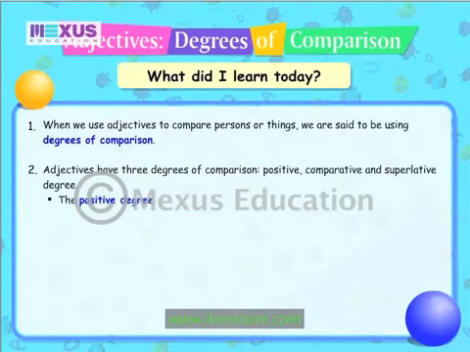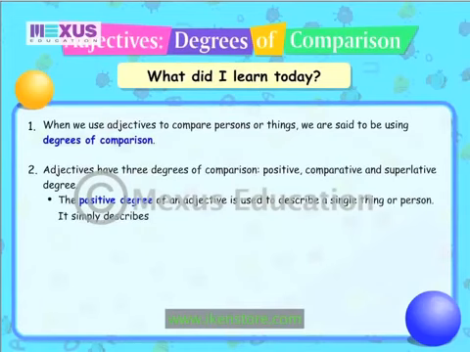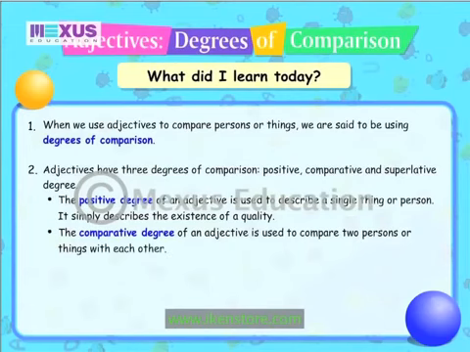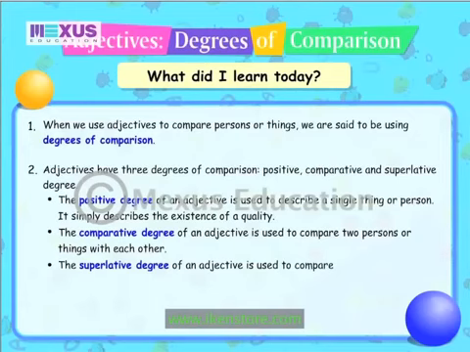The positive degree of an adjective is used to describe a single thing or person. It simply describes the existence of a quality. The comparative degree is used to compare 2 persons or things with each other. The superlative degree is used to compare more than 2 persons or things.